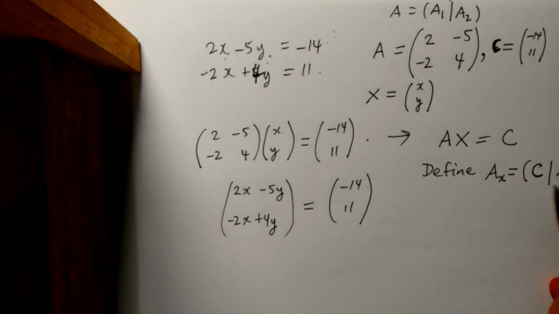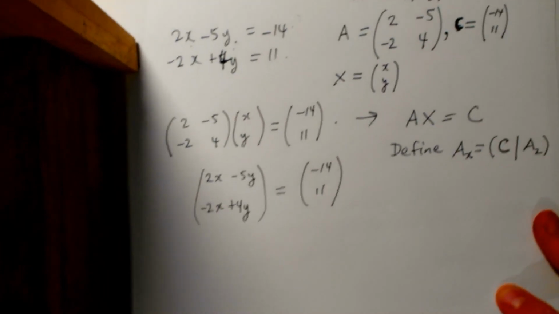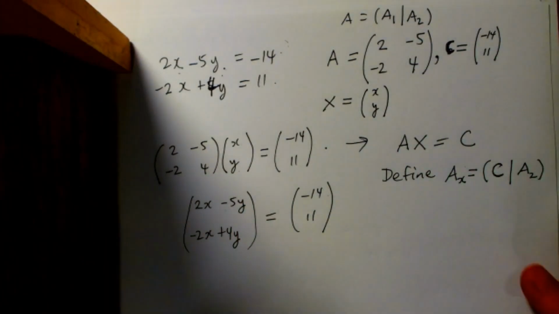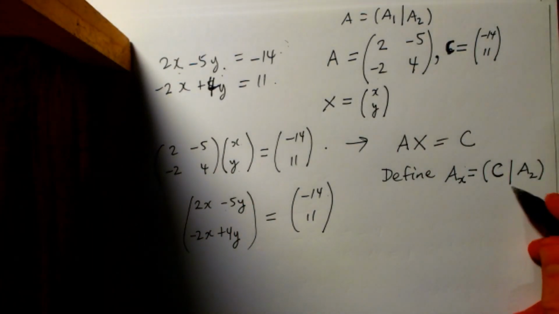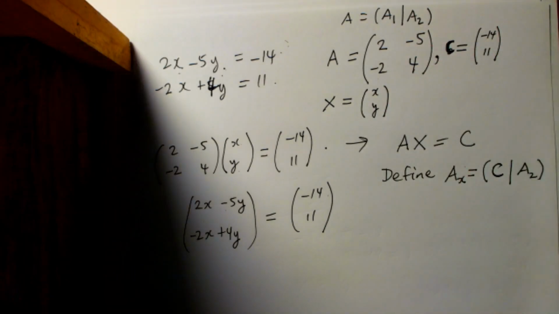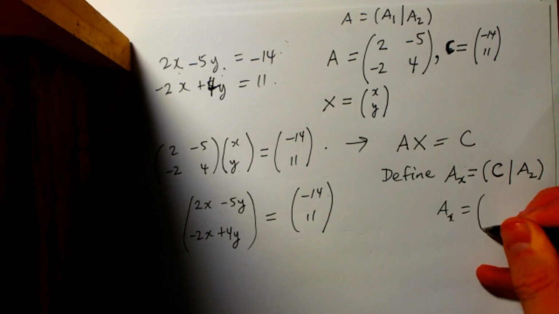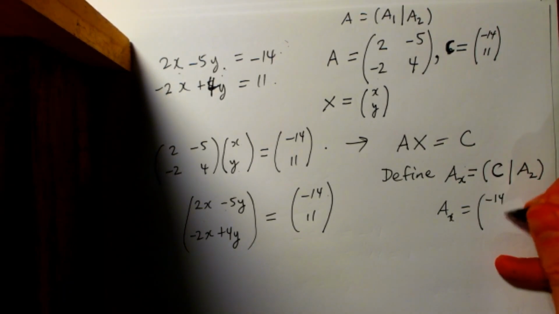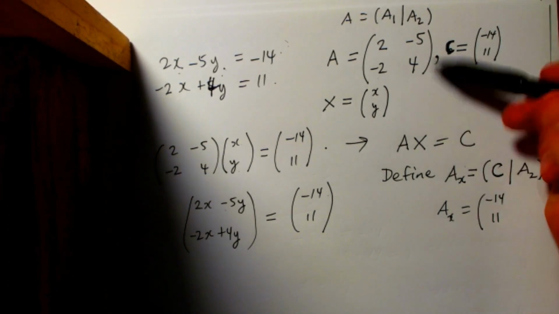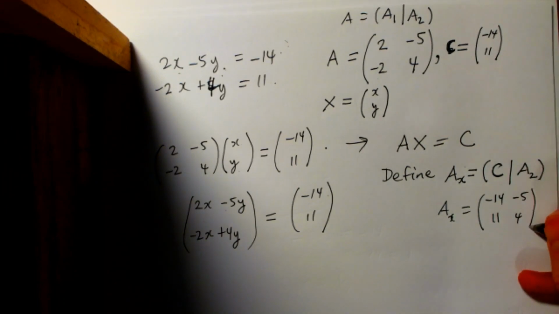Right, so in this case, C is the right-hand side of the matrix equation there. So this is minus 14 above 11, and then next to that we put the second column of the matrix A, and we have minus 5, 4.